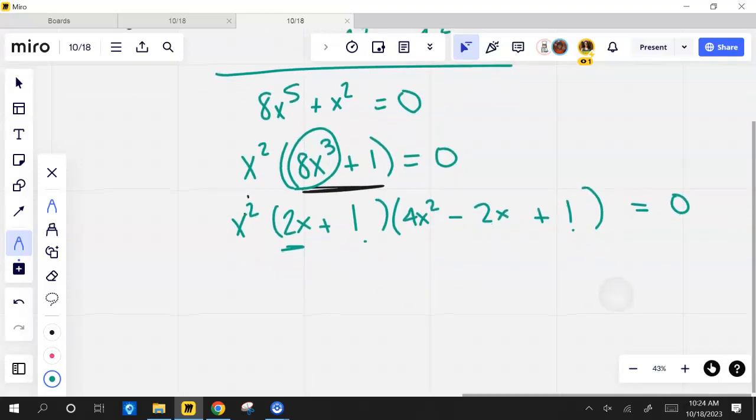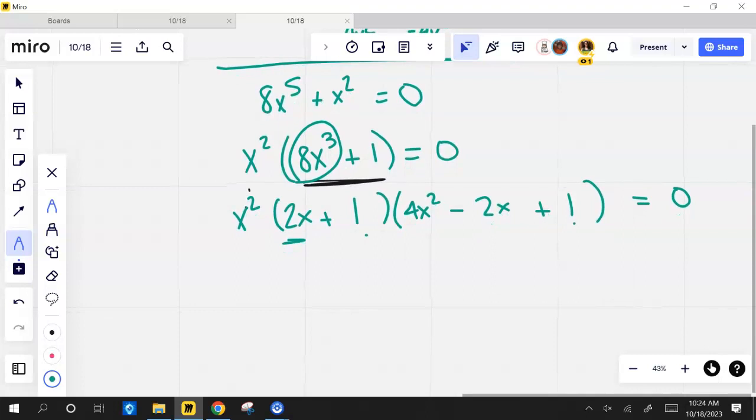All right, so let's go through. Remember, how many solutions did I need to find for this one? 5, right? So let's go through. This one goes to 0 the way it is, right? But it happens twice. That's exactly right. So x equals 0, but I'm just going to make a mark here that this has multiplicity of 2.